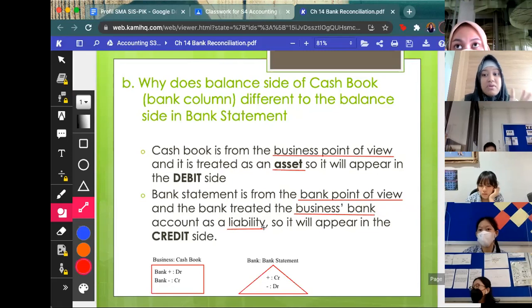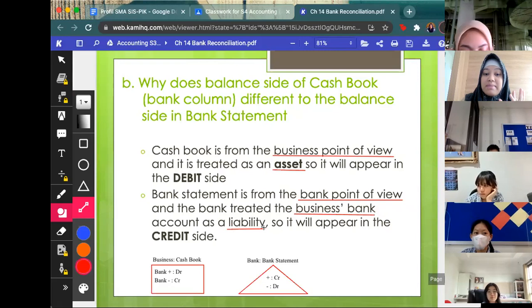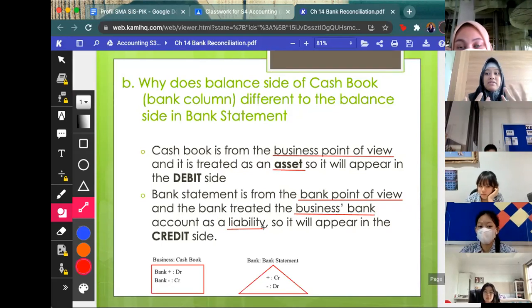The bank statement is from the bank point of view, and the bank will treat the business's bank balance as a liability. So imagine that you are the business and you have the money. You deposit the money to me, I'm the bank. The more you deposit to me, the more debt I have to you, because it is not the bank's money. So the more of your money I receive, the more liabilities I have to you, because I have to return this money to you.